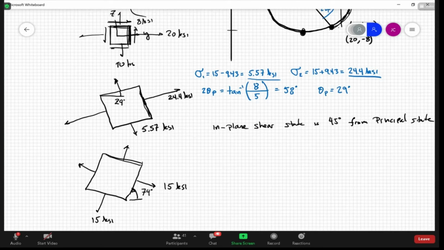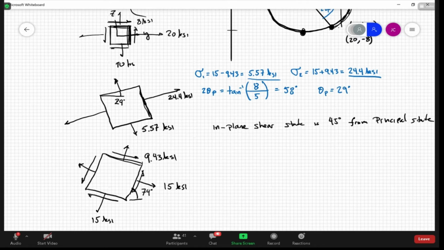The shear stress on there is positive on Mohr's circle, so it wants to rotate in the clockwise manner. So it's going to go that way, and its couple friends going to go like that. So that's the shear stress on the max in-plane state, and its value is, again, the radius of Mohr's circle, 9.43 KSI.